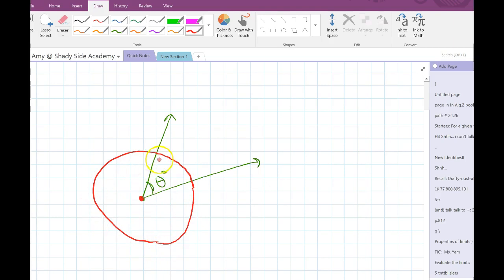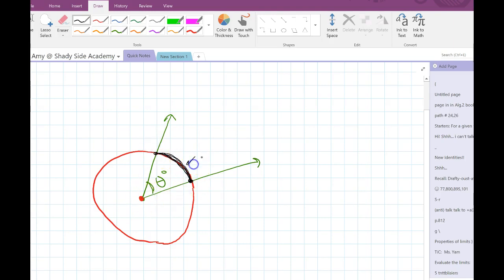So the heart of radian measure stems from this idea. The idea that while we can use a degree or degrees to measure this angle, I could also measure this angle and think about it and measure it in terms of the length of the arc that it cuts. The technical word here is the length of the arc that this angle intercepts.